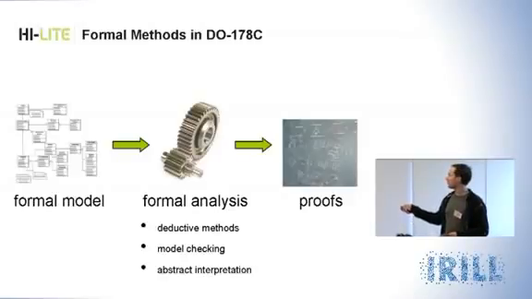And on this formal model, you can perform some formal analysis, so mathematical analysis based either on deductive methods, model checking, abstract interpretation, so known techniques. And these formal analyses extract some proofs of some of the properties you want to prove. And altogether, these are the formal methods that will be allowed in software development in avionics.